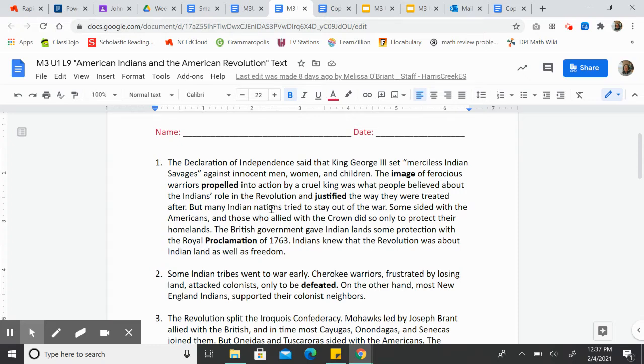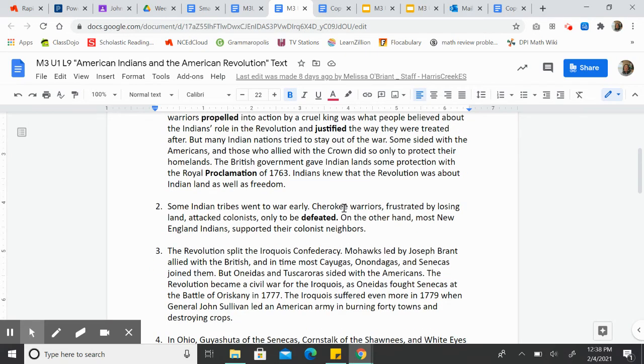But many Indian nations tried to stay out of war. Some sided with the Americans, and those who allied with the Crown did so only to protect their homelands. The British government gave Indian lands some protection with the Royal Proclamation of 1763. Indians knew that the Revolution was about Indian land as well as freedom.